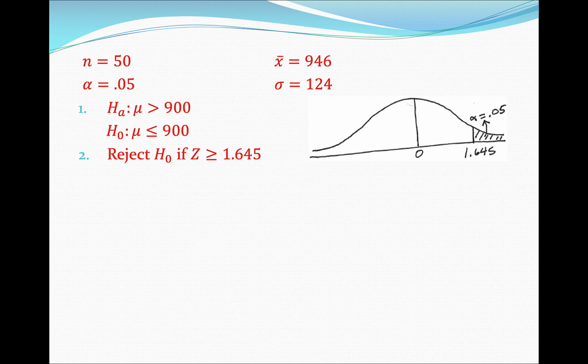We can then use our table in order to look that value up. We just look up z of 0.05. The place that I recommend you look this up is, remember, the bottom row of your t-table gives you z values. So the easiest place to look this up is just look up t of 0.05 and look at the bottom row of the table, and you will see that we get a z value of 1.645, because as the t goes to infinity, as the sample size goes to infinity, the t becomes a z.